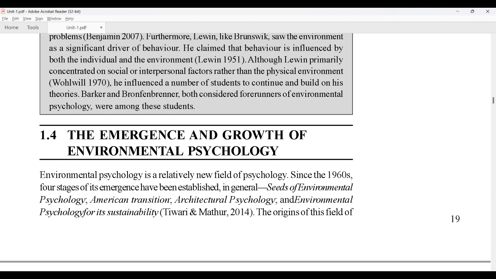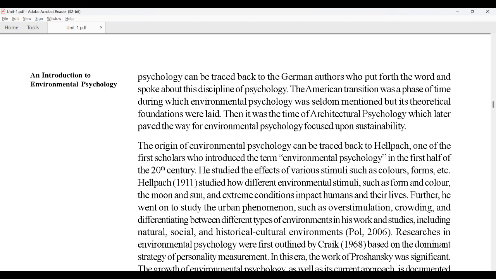The origins of this field of psychology can be traced back to the German authors who put forth the word and spoke about this discipline of psychology. The American transition was a phase of time during which environmental psychology was seldom mentioned, but its theoretical foundations were laid. Then it was the time of architectural psychology, which later paved the way for environmental psychology focused upon sustainability.